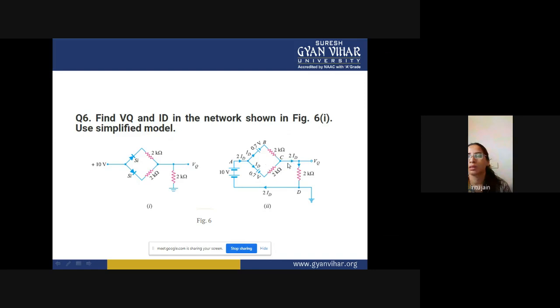Now there is a current flowing through this diode. At this point, the current is dividing, and after that, the current flowing through this terminal is also ID.